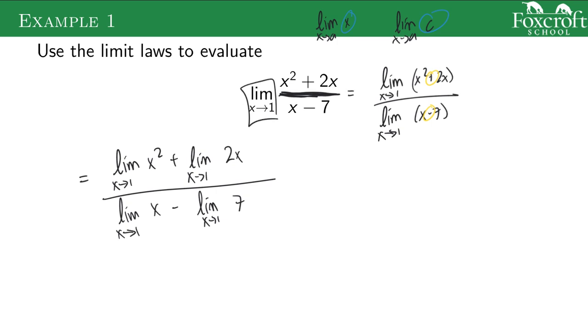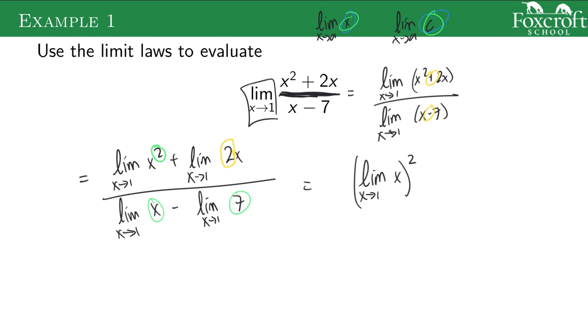On the bottom, we're kind of done because we've gotten a single x and we've gotten a single constant. We still have a bit of work to do on the top. On the top, the first limit, we had this exponent of 2. But we saw with exponents, I can do the limit first and then do the exponent. And the second limit on the top, we have this extra 2. This is a constant multiple.